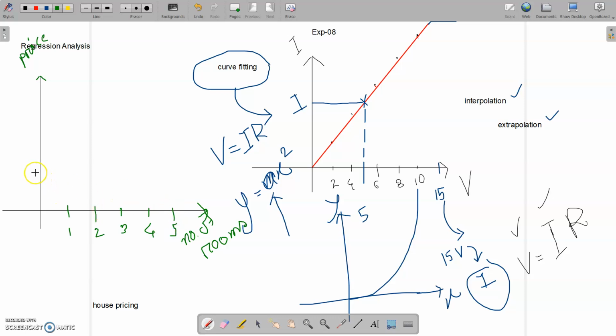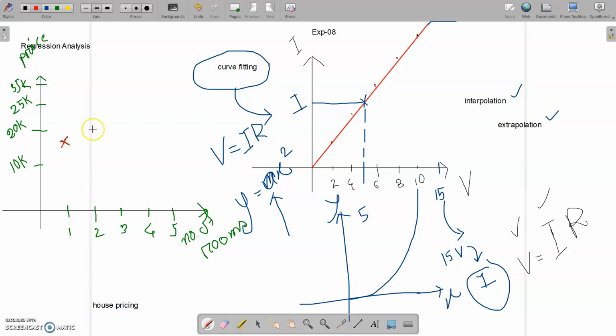Now let's plot the values. Say you find a one-room house for around 15k, 15,000.